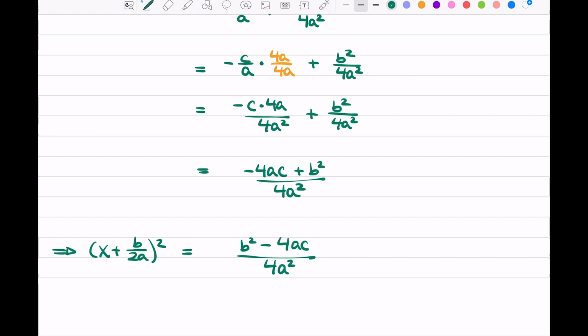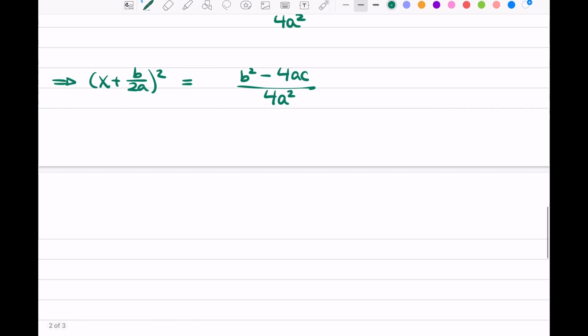You might be able to notice we're getting closer to our quadratic formula. Just a few more steps. Now, if x plus b over 2a squared is equal to the right side, that means that x plus b over 2a is the positive or negative square root of the right side.